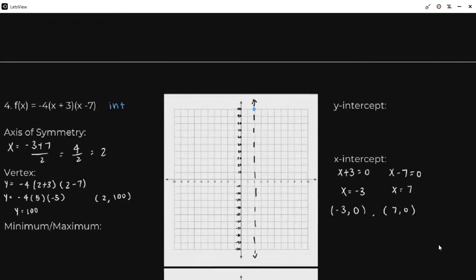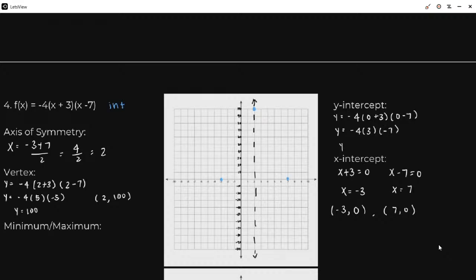And then we also know the intercepts. So the x-intercept is at negative 3 and 7. And let's find the y-intercept. So we're going to plug in 0 in for x. So we get 0 plus 3 times 0 minus 7. So then that's y equals negative 4 times 3 times negative 7.